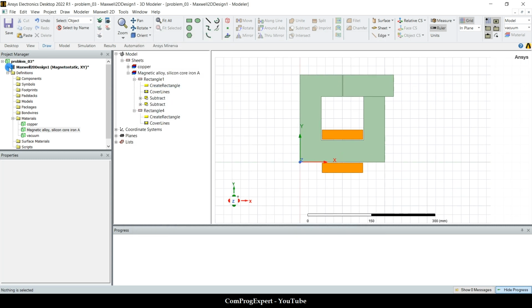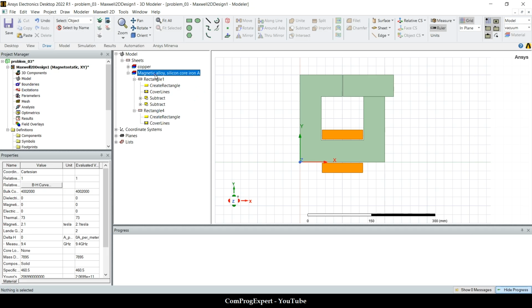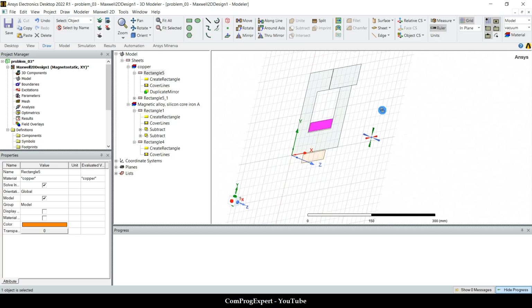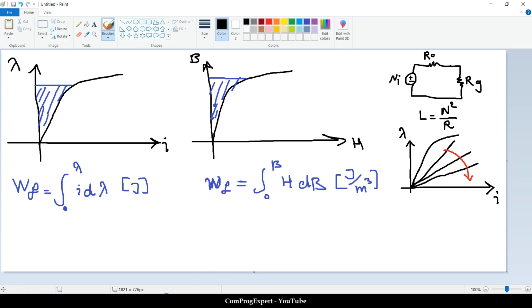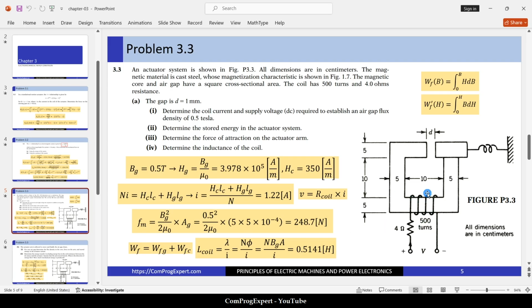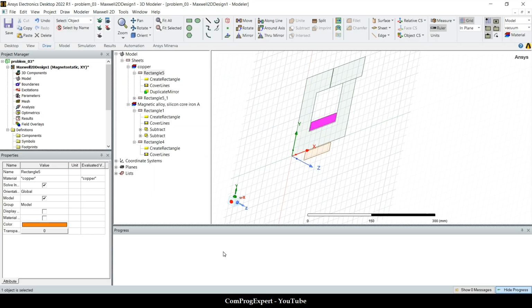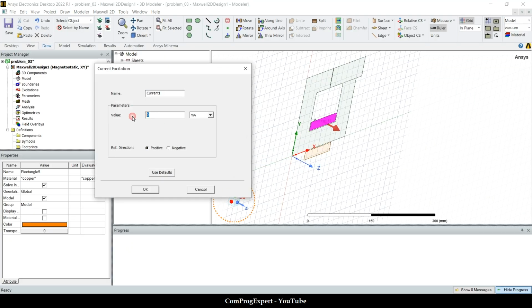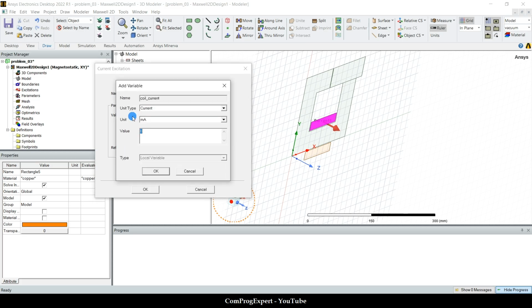Now let's define the excitations. This is the first coil arm, this rectangle. What is the direction of the current for this region? It is into the paper. The number of turns is 500. So here let's assign a current that is 500 times the coil current. What is the value of the coil current?